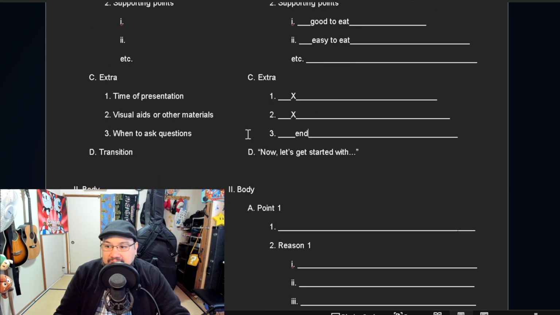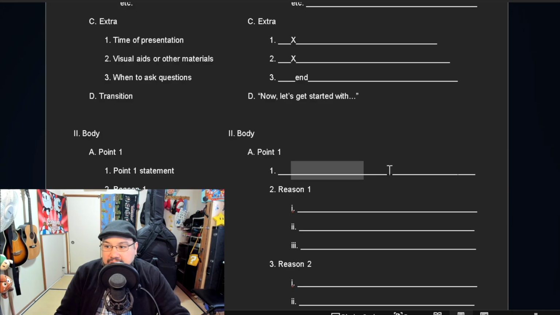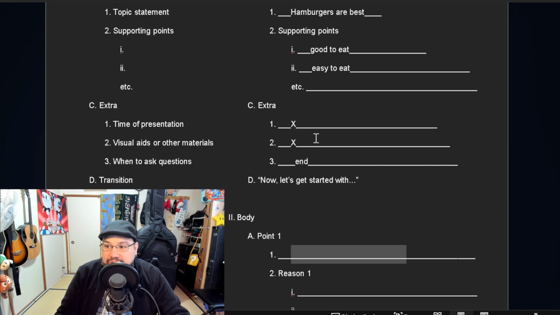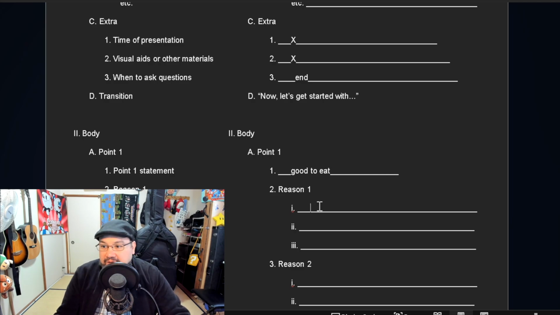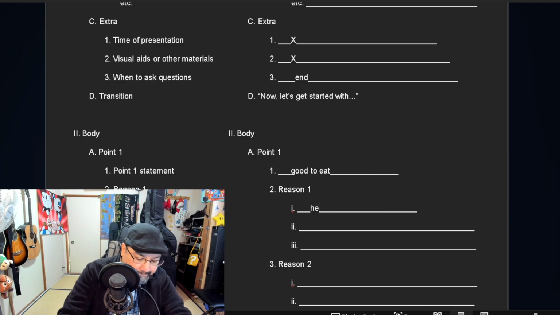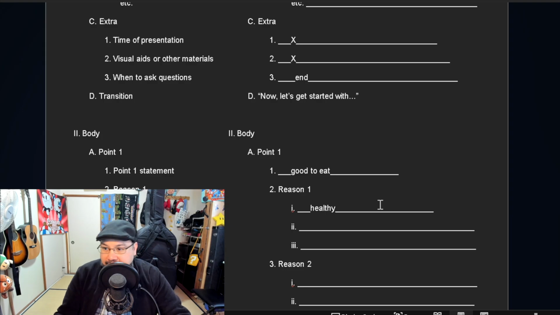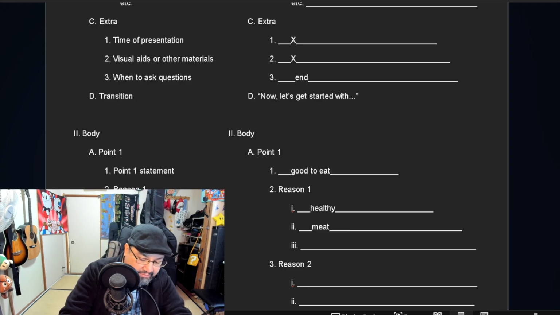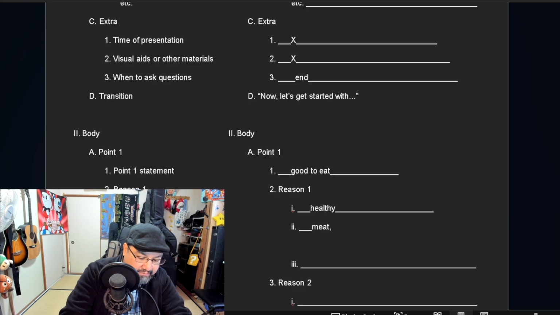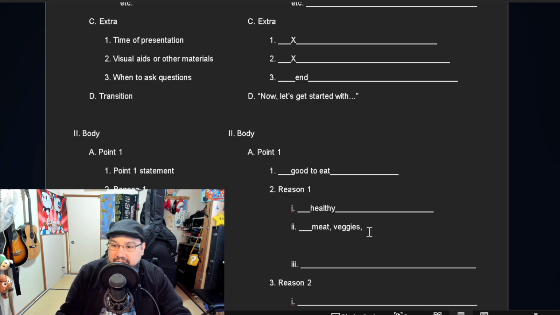Now, point 1. So point 1 was good to eat. So that's the same. Good to eat. Reason 1, healthy. Meat and veggies are healthy.